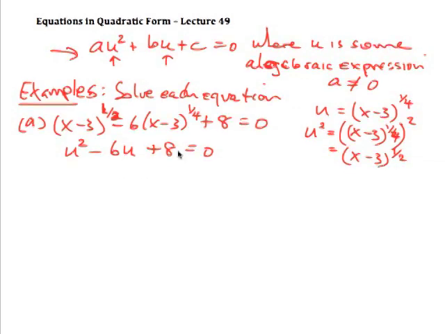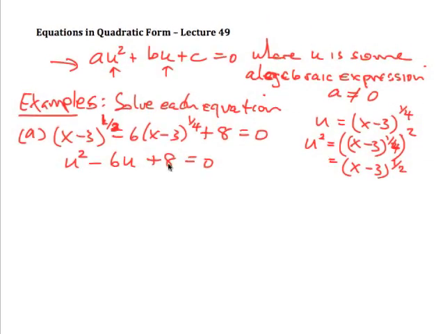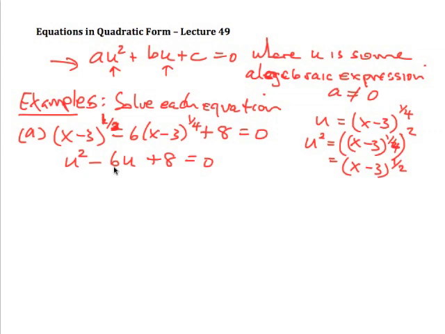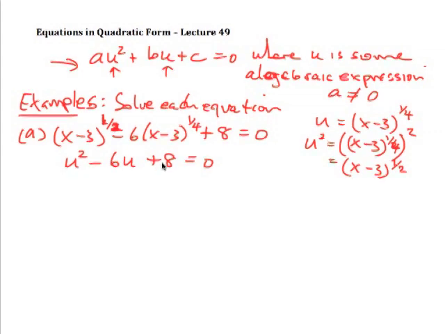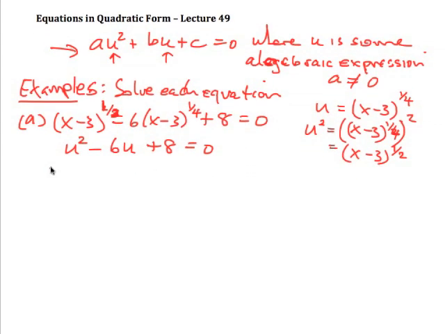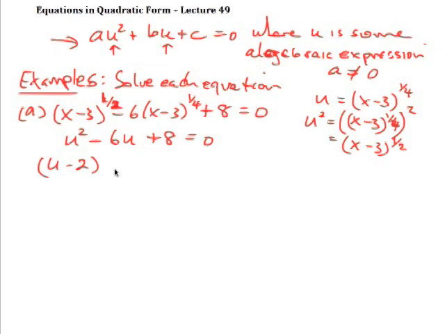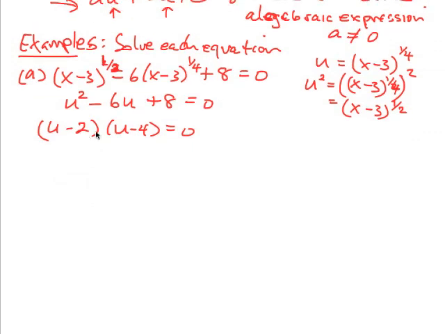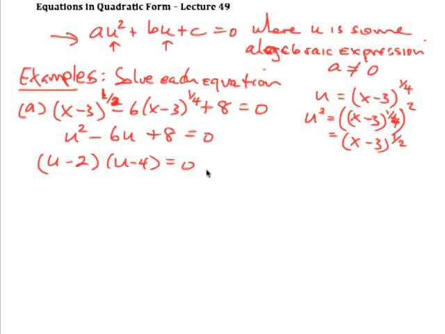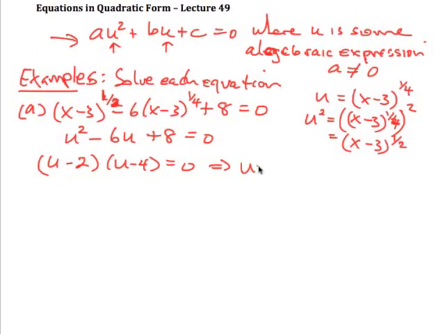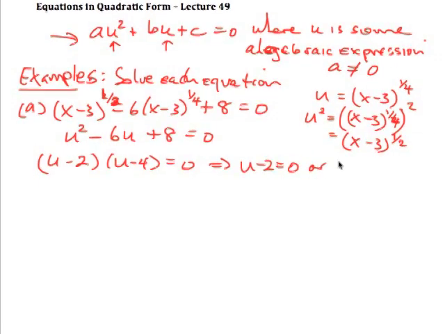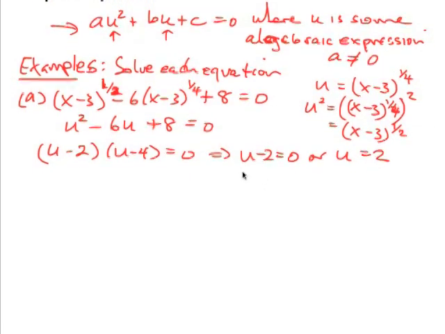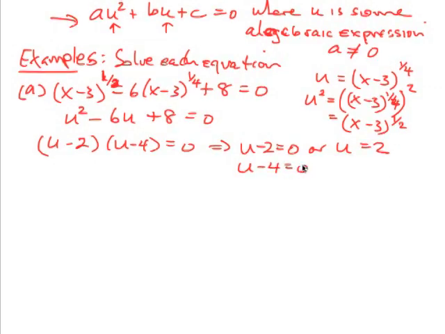Now the way we solve a quadratic like this is we look for factors of 8 which add up to negative 6, and that'll be negative 2 and negative 4. And of course we factor this now, so this implies then that u minus 2 equals 0, or u is equal to 2, or u minus 4 equals 0, or u equals 4.